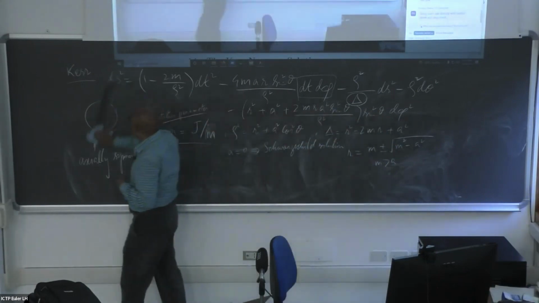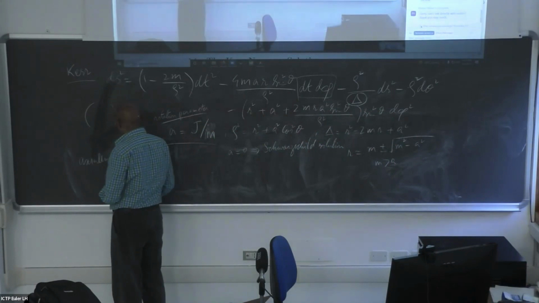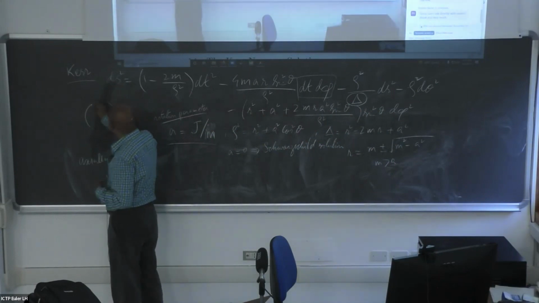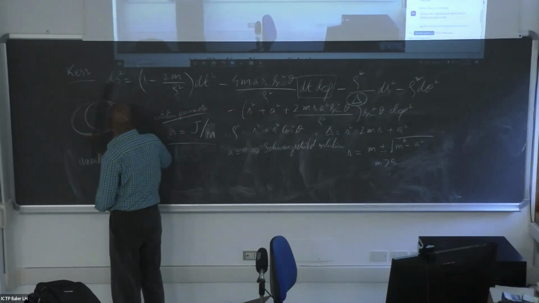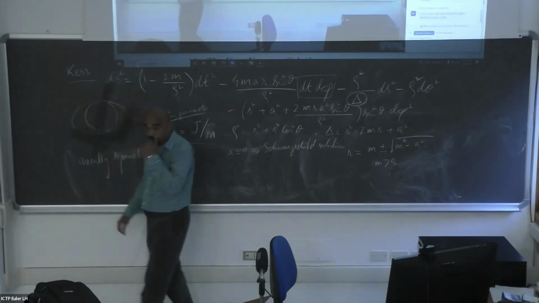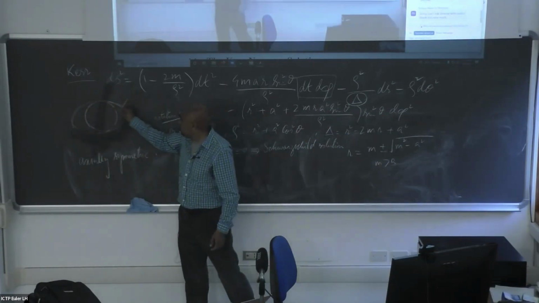Okay, so if this is a sphere, then in this Kerr black hole there is a region like this around this spherical object, and you see this region.